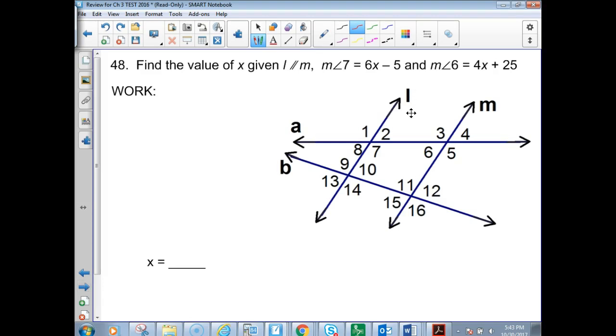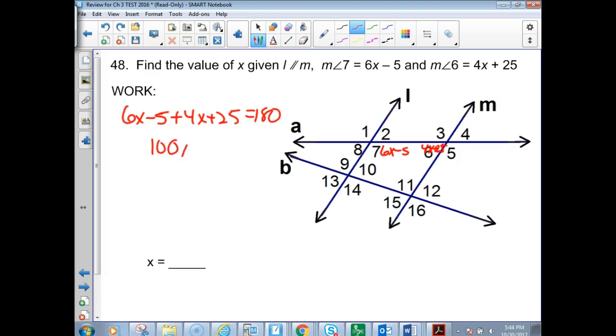Given that L is parallel to M, angle 7 is 6x minus 5 and angle 6 is 4x plus 25. Those are supplementary, so 6x minus 5 plus 4x plus 25 equals 180.